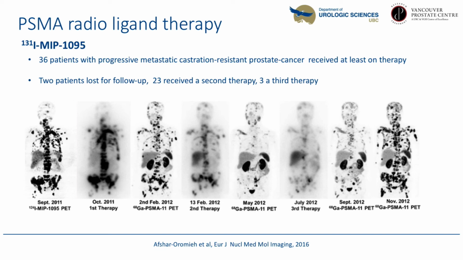At the bottom you can see the scans from one of the patients who received 3 therapies. While the first therapy cycle showed some improvement, there was only little improvement after the second and basically no improvement after the third cycle.